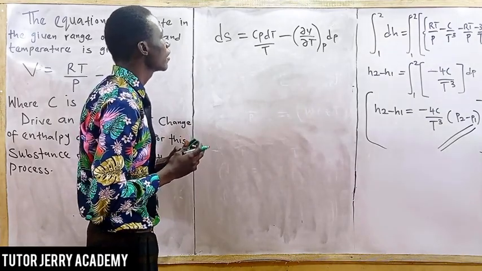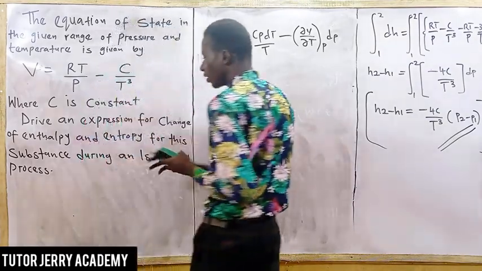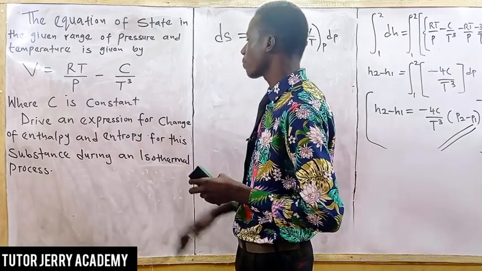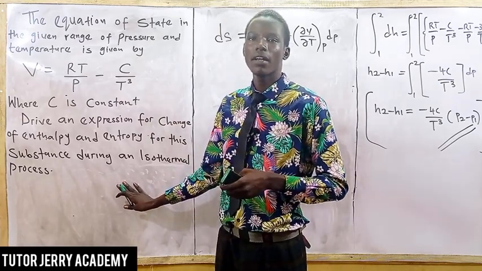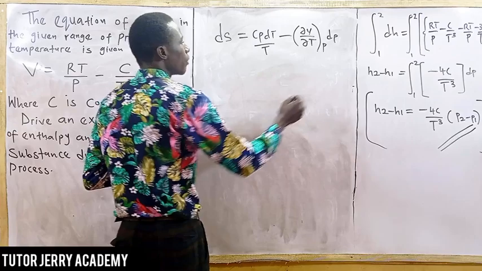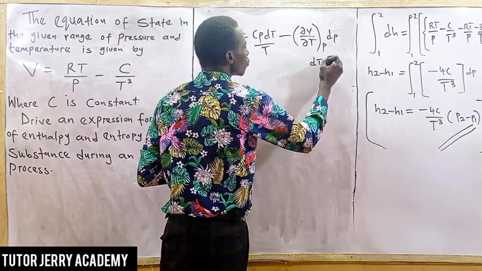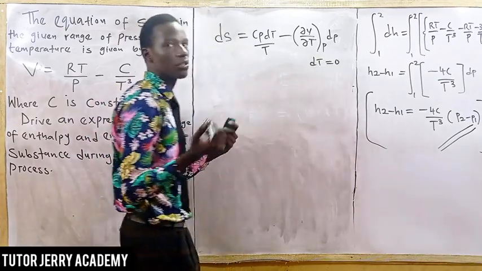Next, we are told in this question to find the entropy for a substance during an isothermal process. To do this, we let dT be equal to 0, since there is no change of temperature.